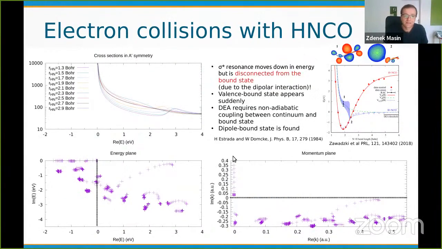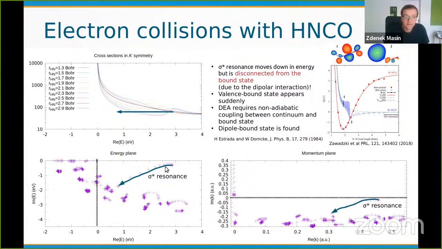Now let's have a look at the electron collisions with HCO. So here we see that we have again a resonance here, which is a sigma star type of resonance. But we see that in the complex energy plane, it behaves rather differently. It does not become narrower, it actually becomes broader.